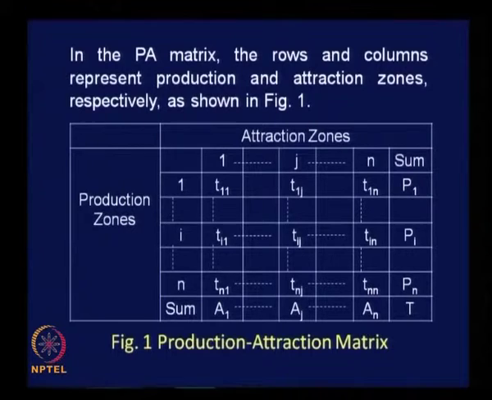right. And if you sum up all the cell values along a row, what will be the result? For example, if we take zone 1, the first cell value gives T11, trips produced at 1 and attracted to 1 itself. Then we will have T12, T13 and so on up to T1n, right.